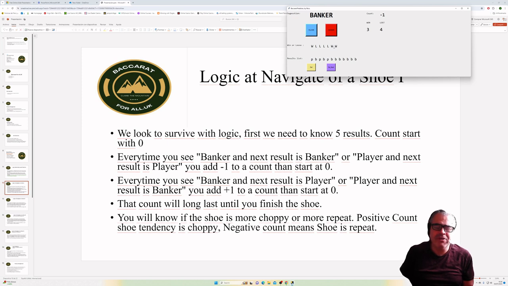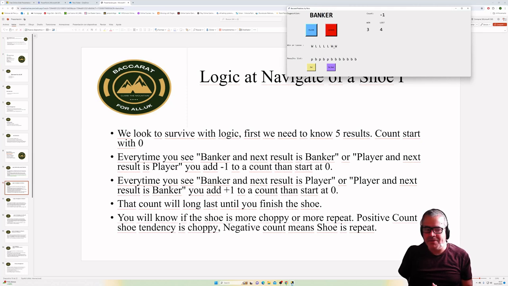What we have found with the software after many shoes, over 10,000 shoes, is that the tendency is actually choppy. The numbers go from +4 to +6. Those are the numbers and the tendency of every shoe that we play in general, so they are always positive. The choppy comes a lot more often than the repeat.